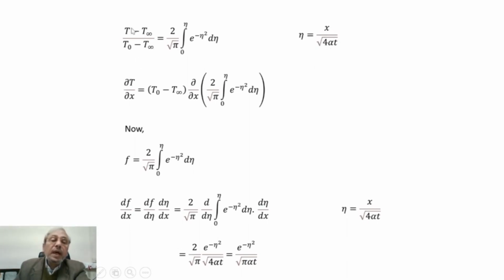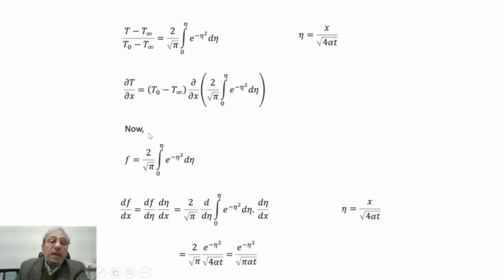So from here we can find del T del x, which will be T0 minus T infinity into del del x of 2 by root pi integration 0 to eta e to the power minus eta squared d eta. And we can substitute this quantity by f.